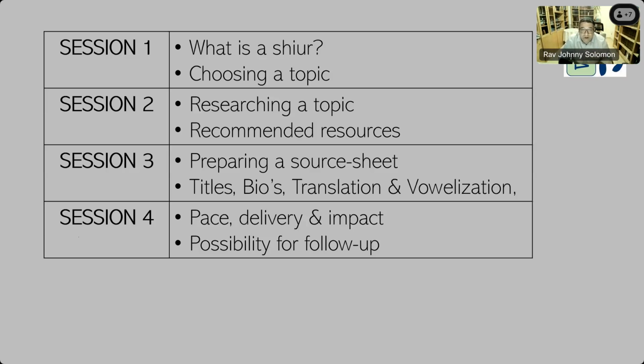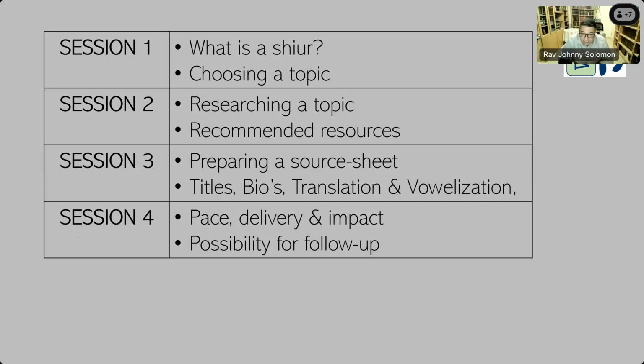And in fact, there's a lot of good arguments to say that the classic A4 page of lots of sources in Hebrew is not the best way to deliver material. Especially if you're delivering a shiur online, using the tools of presentation, such as, but not limited to, PowerPoint, is a wonderful way to present many sources and give them the kind of platform they deserve, one source per slide, and moving forward.